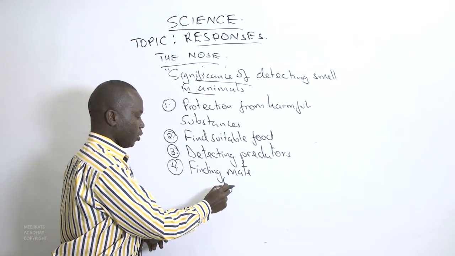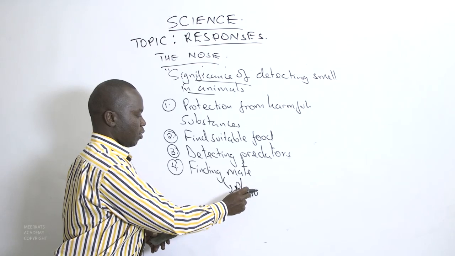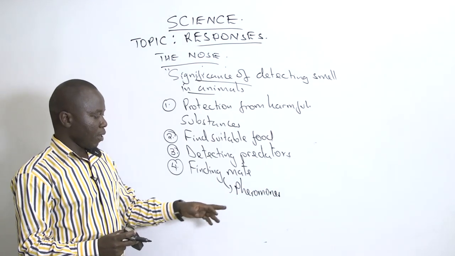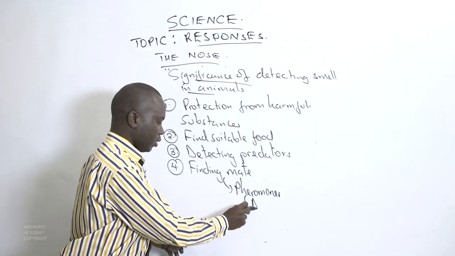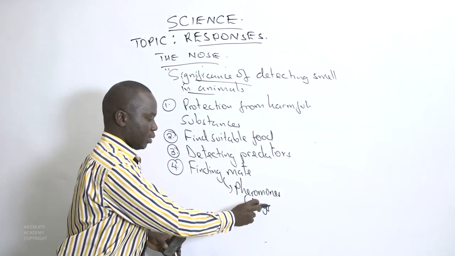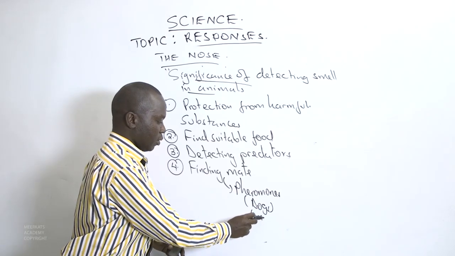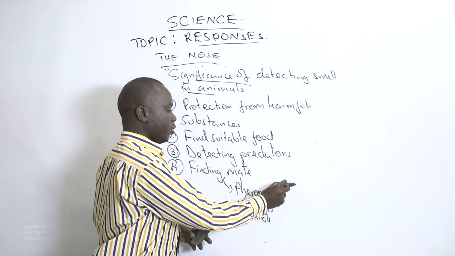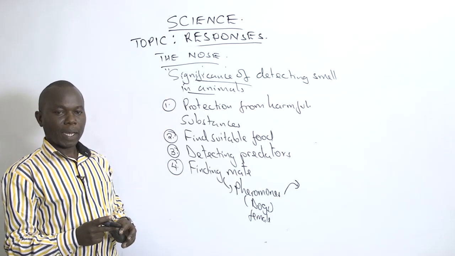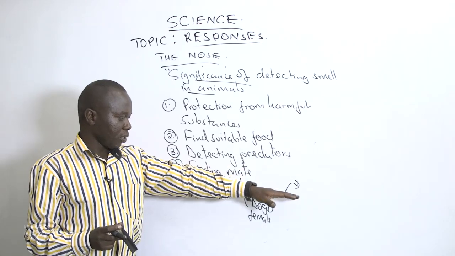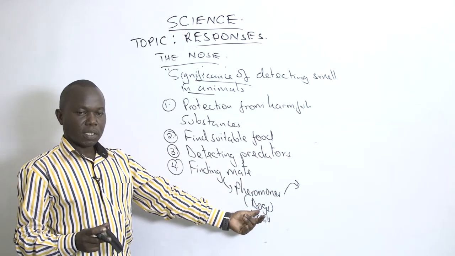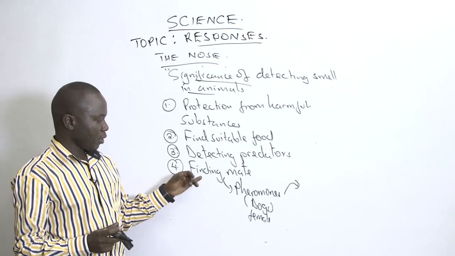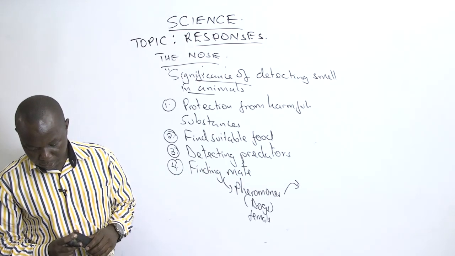We have those chemicals, pheromones, that are released, especially, for instance, by dogs. A female dog is going to release these pheromones into the air, and then they'll diffuse through air to the male dog or dogs, and then they'll be attracted to the female dog, especially when it is ready for mating. So, finding the mate.